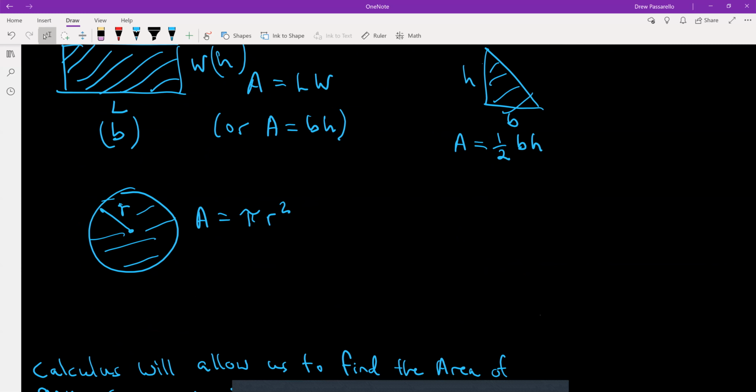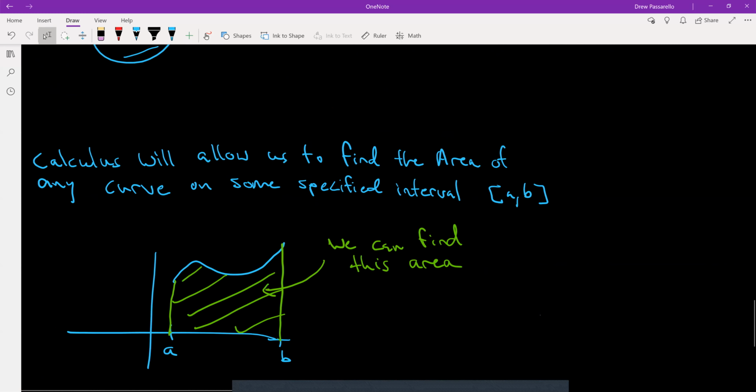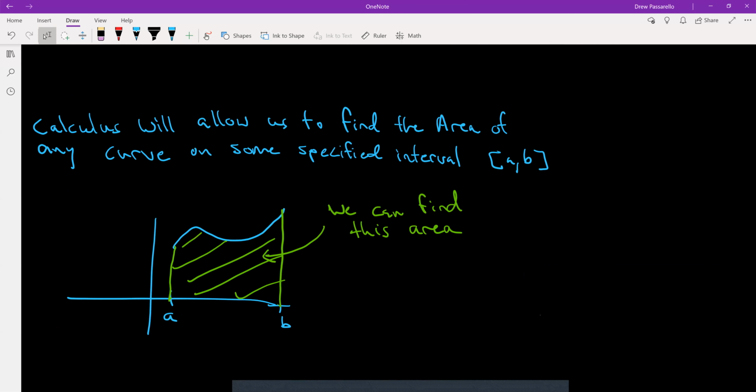Now what calculus will do, once we get to it later on in the course, it will allow us to find the area under any curve on some specified interval. And by interval, I mean from a certain particular starting point to some ending point.